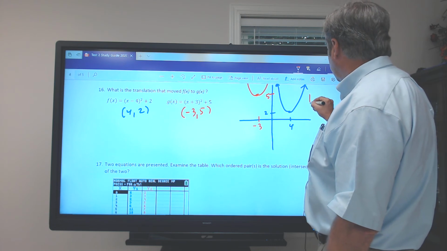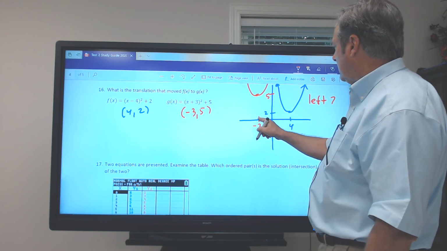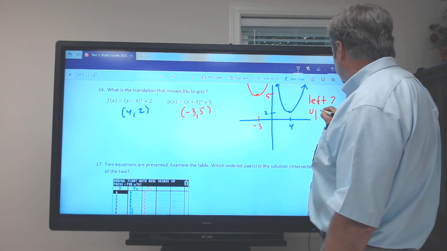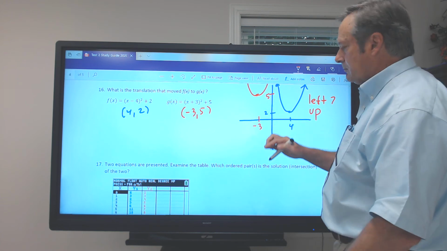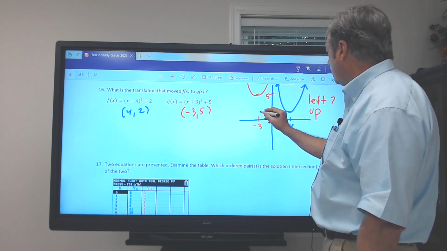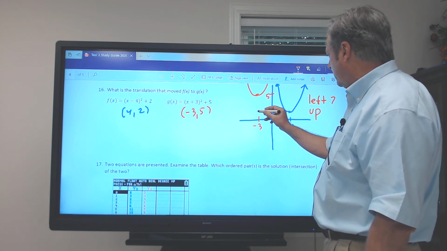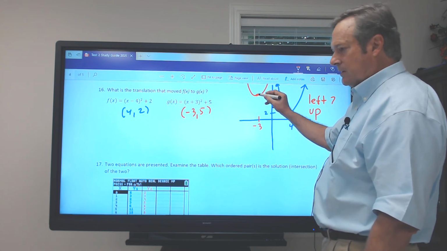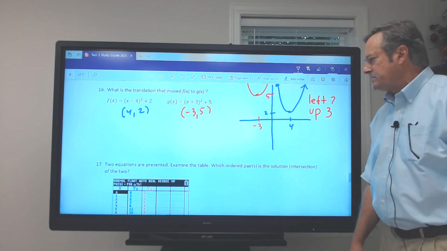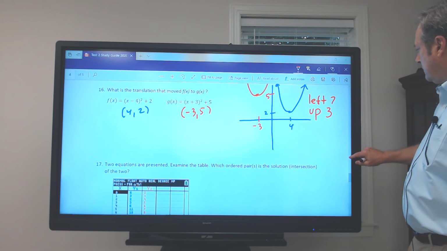It went left 7. And then once it got up here, how high did it go? It went up. Oh wait, no. My mistake. We're going from here, from 2. This part's right. We went left 7, but once we got here, we were at 2. How many steps did we go up to get 5? We went up 3. All right. Well, let's keep going.